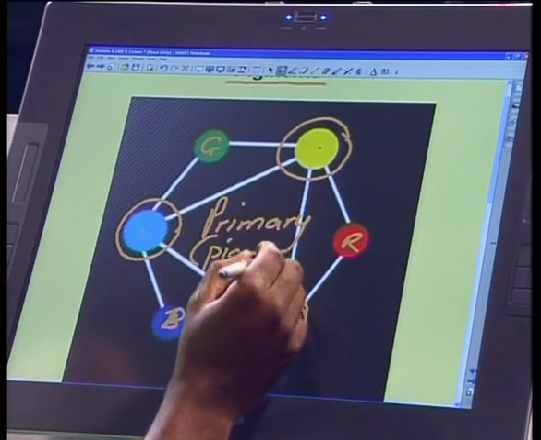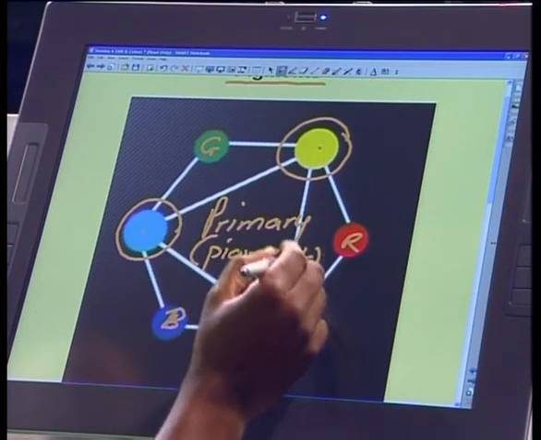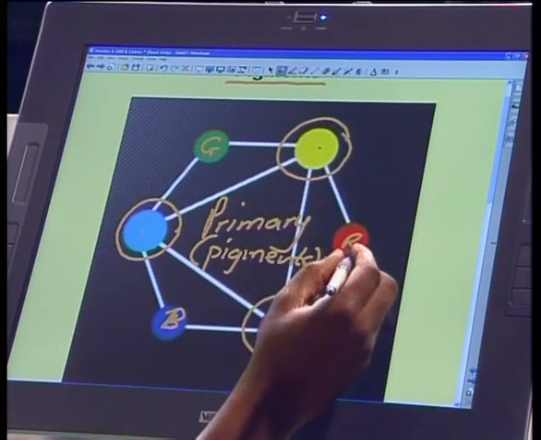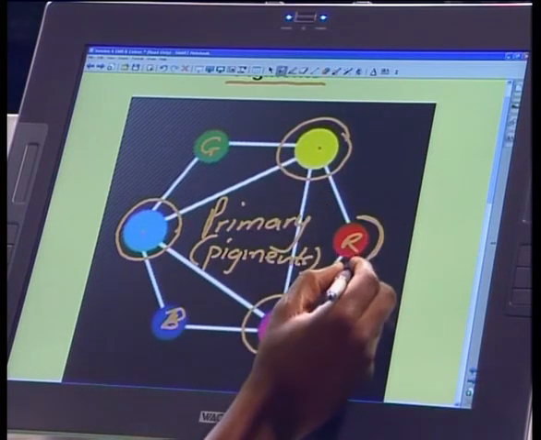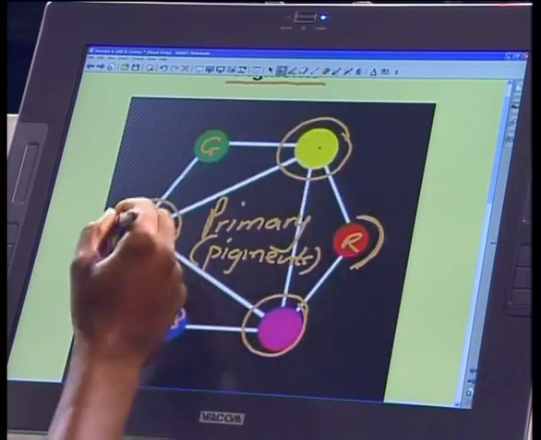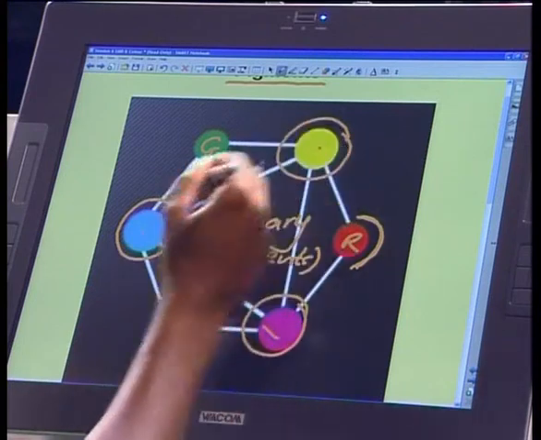For pigments, these are primary colors. This is where we start. So if we want to have red color, when we have our pigments here, and this is how paint works. Paint works from here.